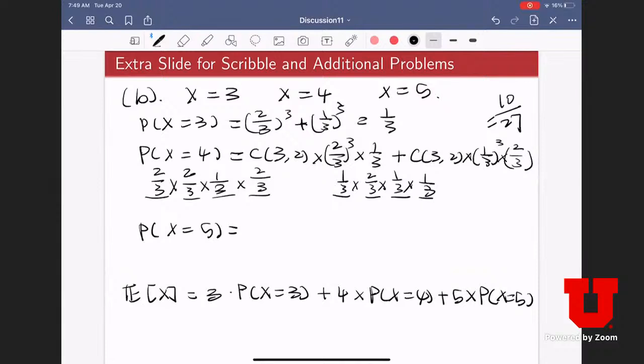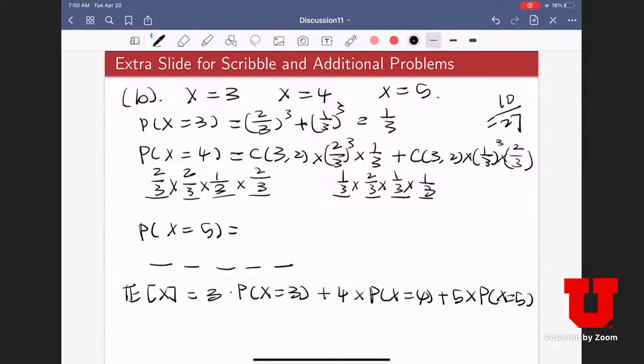All right, so now the probability of x equal to 5. For this one, just follow the same strategy.